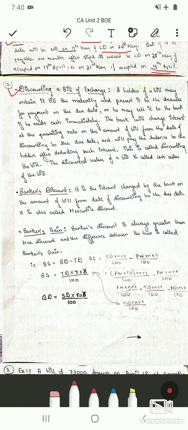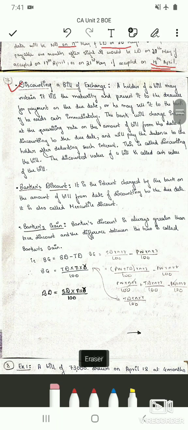So this is called discounting of the bill. The discounted value of a bill is called the cash value of the bill. So remember this, whatever the value is discounted, that amount is called the cash value of the bill.